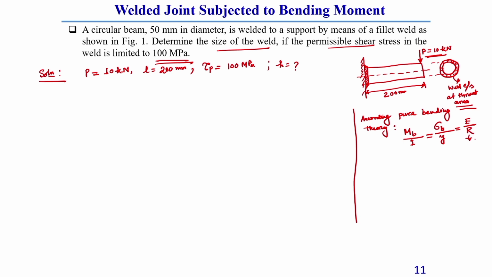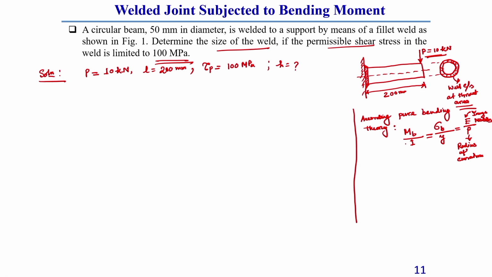Here you should keep in mind, instead of R you can write rho. Rho is called radius of curvature, and E is called Young's modulus, okay.